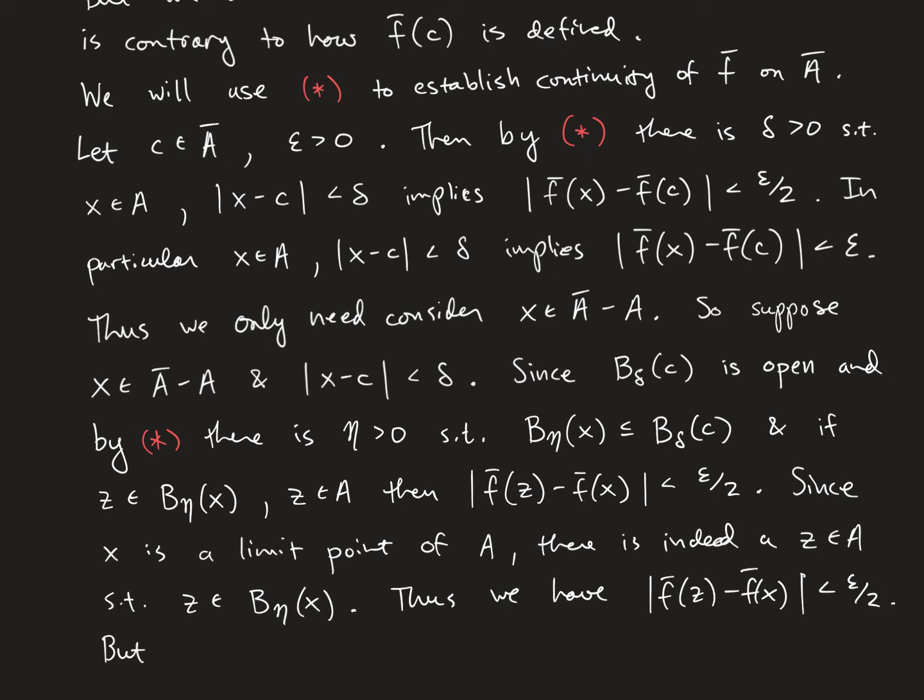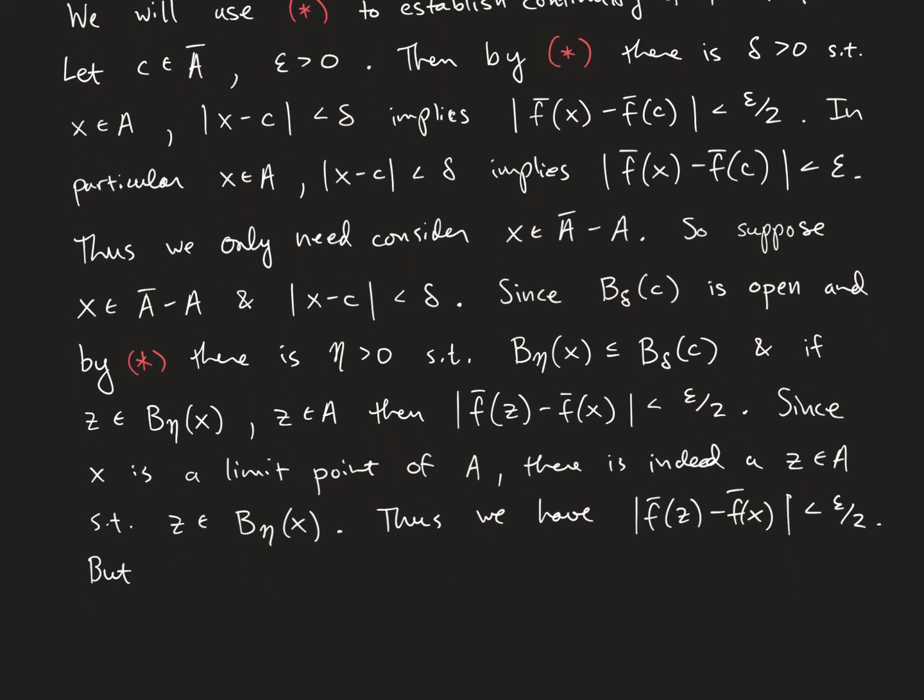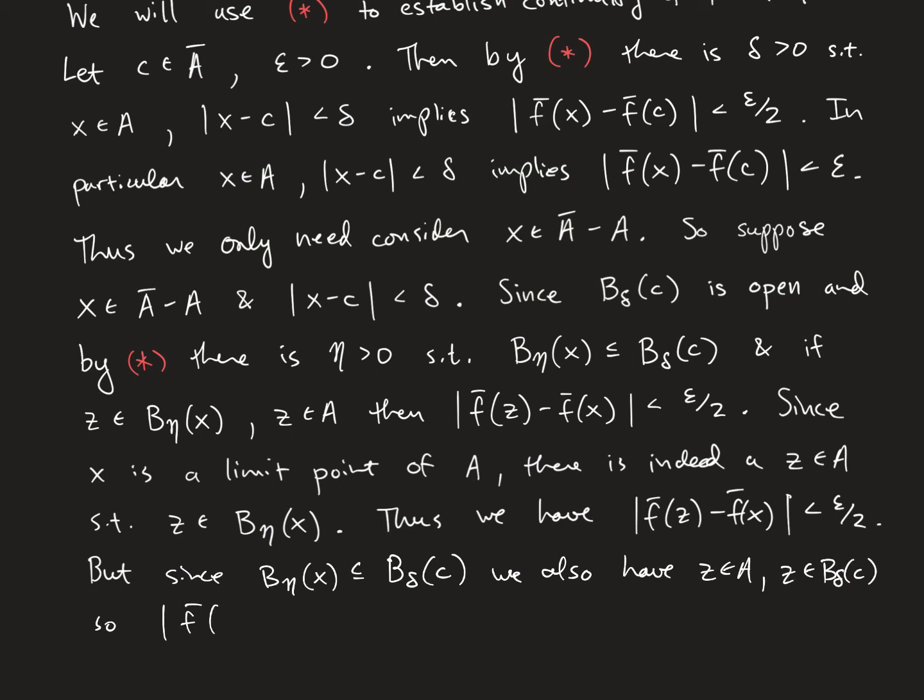But also that z is going to be in the delta ball around C. Since the eta ball around x is contained in the delta ball around C, we also have z in A and z in that delta ball around C. So the separation between f bar of z and f bar of C is less than epsilon over 2.